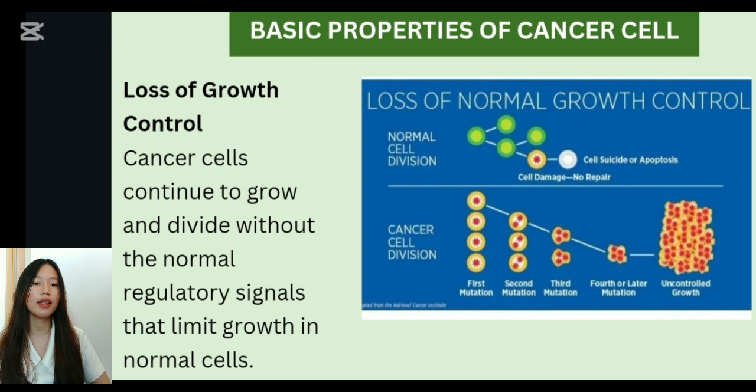So, si cancer cell ini-ignore niya yung mga signals that regulate cell growth and division, kaya nagkakaroon ng loss sa pag-control ng growth ng isang cell. Unlike sa normal cells or healthy cells, nag-stop na siyang mag-grow kapag na-reach na niya yung certain size or when they contact other cells.